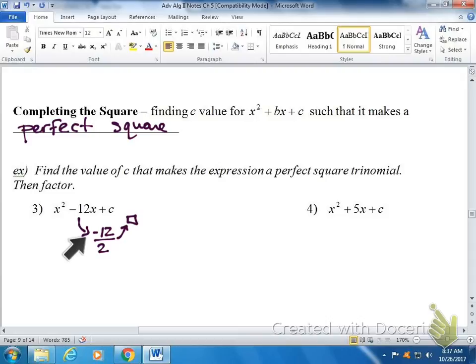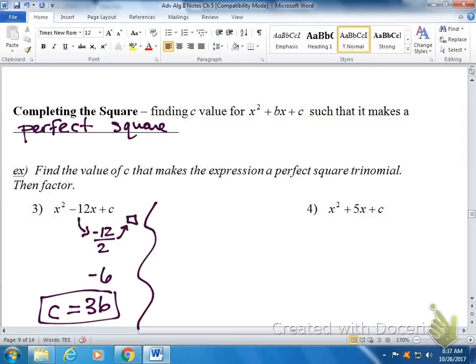So this becomes negative 6 squared. So negative 6, and then if you square it, you're at 36. So that c is going to be 36. After you find that completed square, now let's actually see what the trinomial factors into.